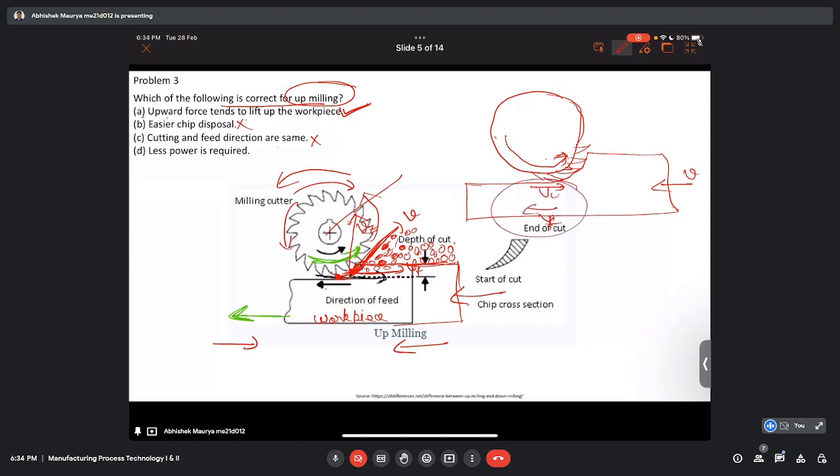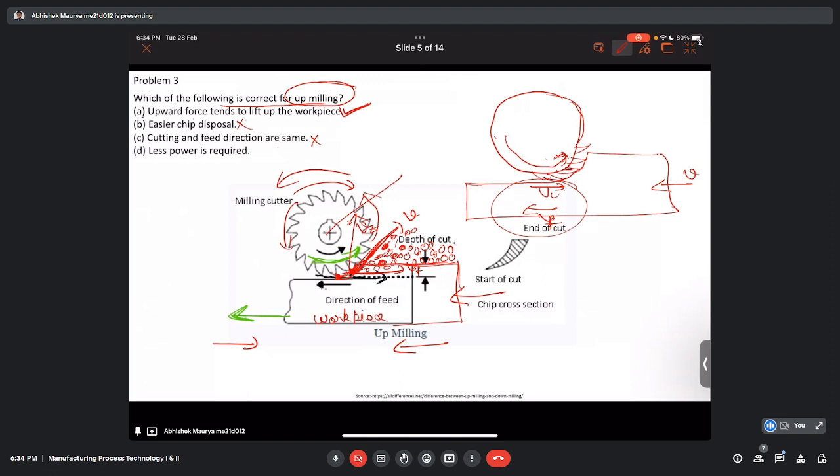Since both are in opposite direction, the reaction force which is required, as well as the friction force, will also be higher, because the relative motion between the workpiece and the tool will be higher.